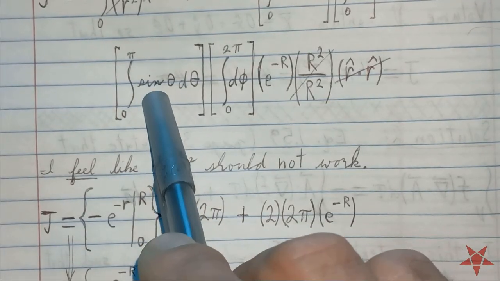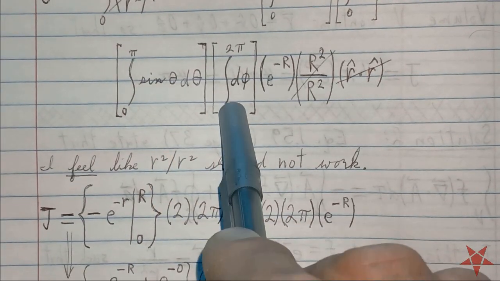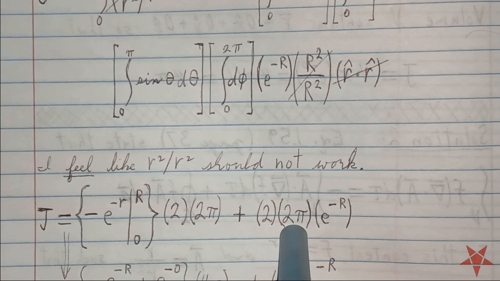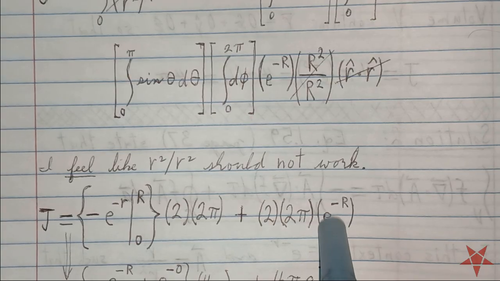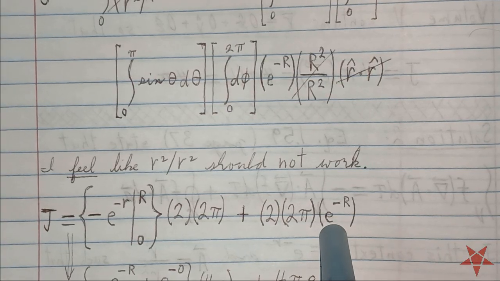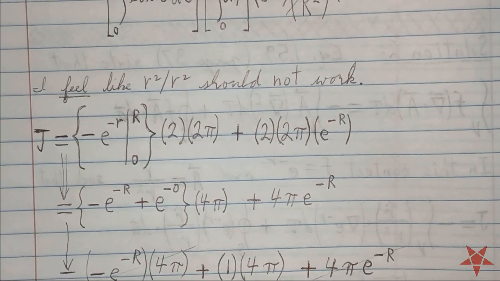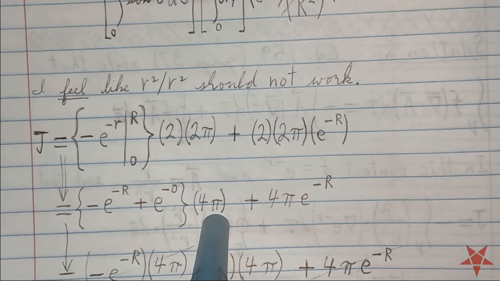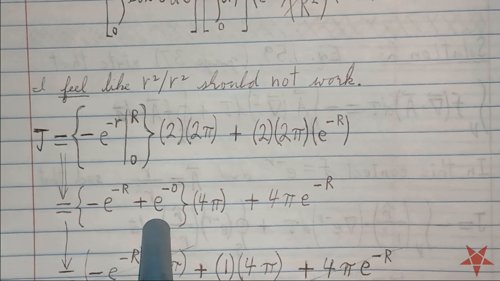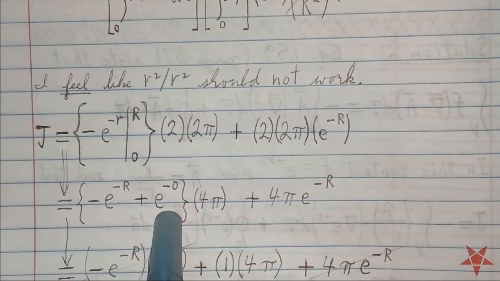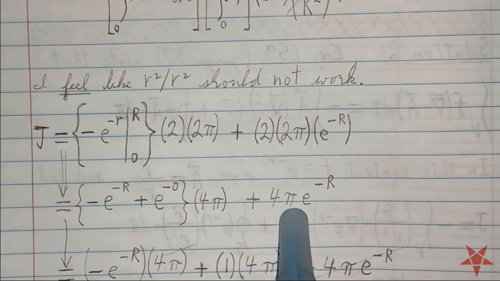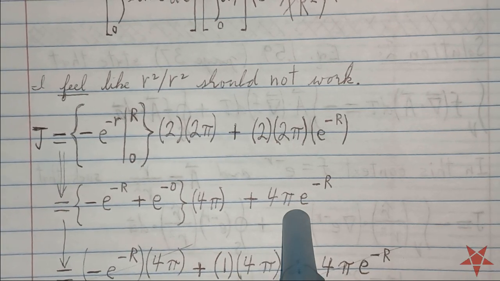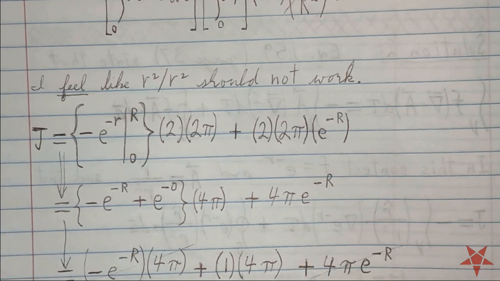The integral of 0 to pi sine theta d theta goes to 2, and the integral of 0 to 2 pi goes to 2 pi, and then we are left with a term e to the negative r. Combining like terms, we get 4 pi multiplied times negative e to the negative r plus e to the negative 0, plus 4 pi times e to the negative r.